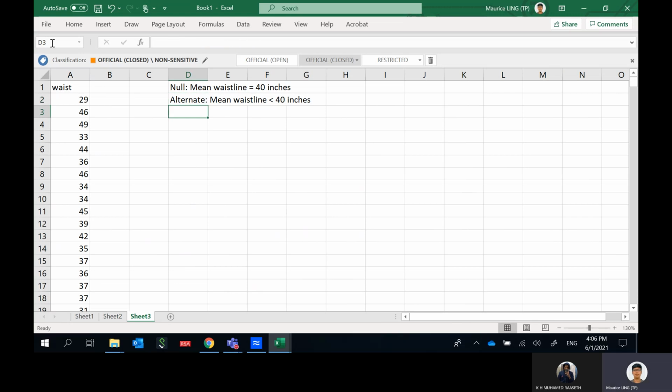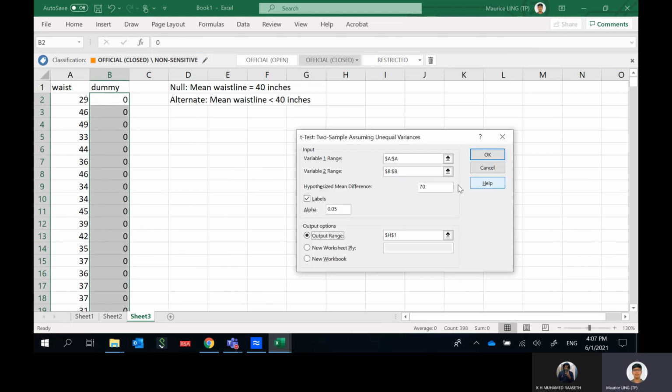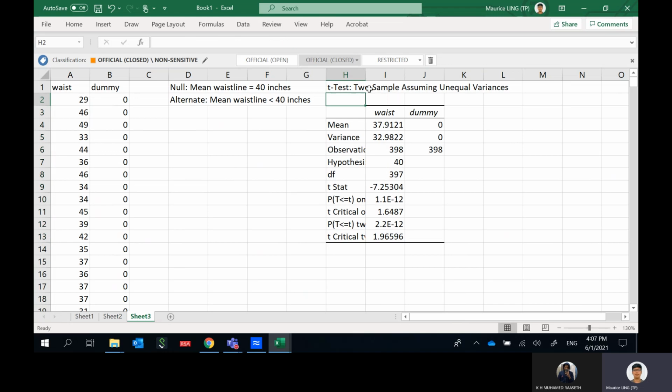So similarly, you can do the rest. You can have a dummy variable 0, 0. Okay, then you do. Yes, that's 4. So you change to 40, and this is your result.